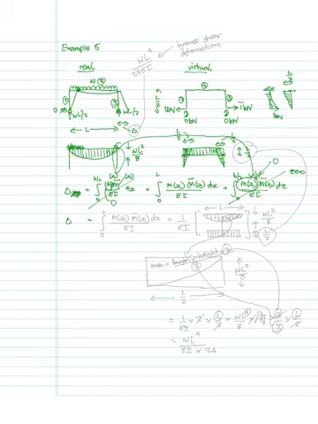So our delta is going to be equal to the integral from 0 to L of the real bending moment times the virtual bending moment, dx over EI.